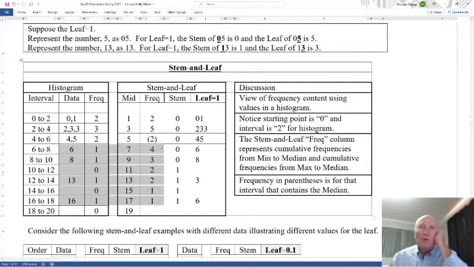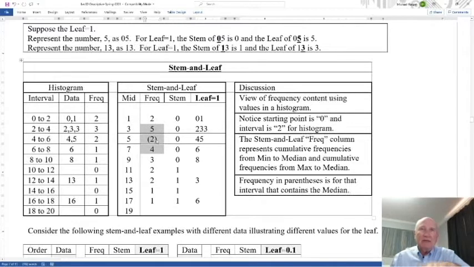So when you see these 3 frequencies, the interval that contains the median, there's 2. The frequency below or left of the median interval, there's 5 numbers. Above it, there's 4 numbers. So 5 plus 2 plus 4, add the 3 numbers together, you get 11.